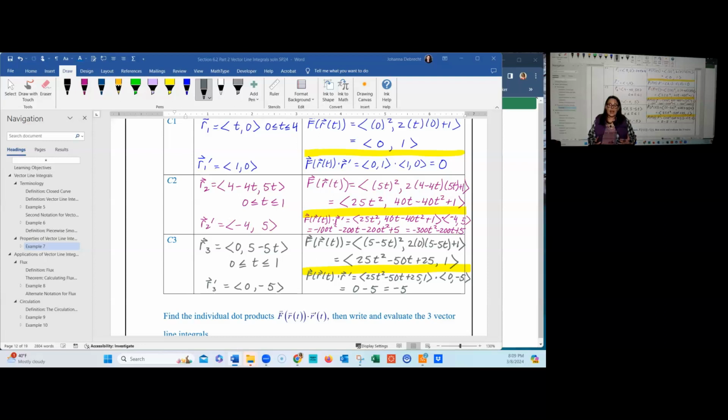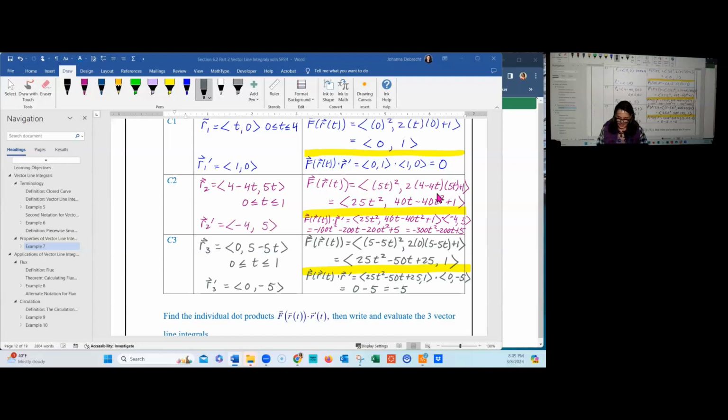Finally, to find f dot dr on the entire curve, which is the triangle from 0, 0 to 4, 0 to 0, 5, and back again to the origin, means to compute the vector line integral on each piece and then to add the results together.